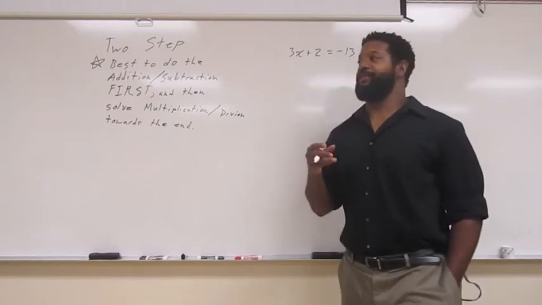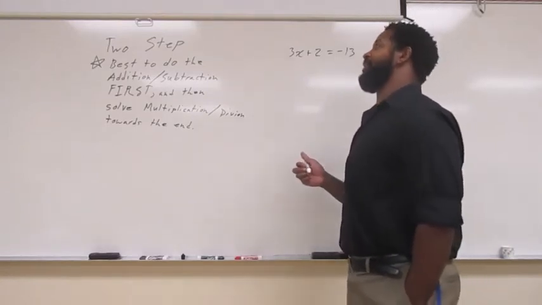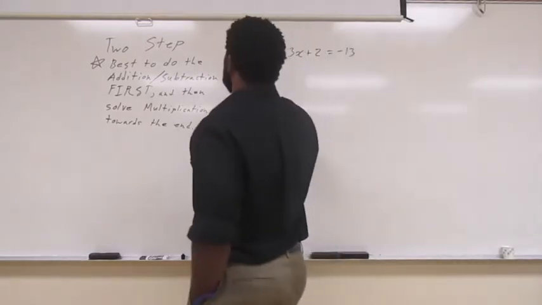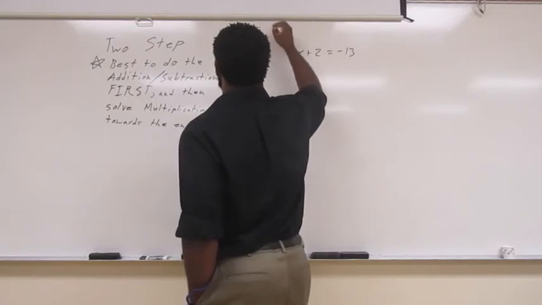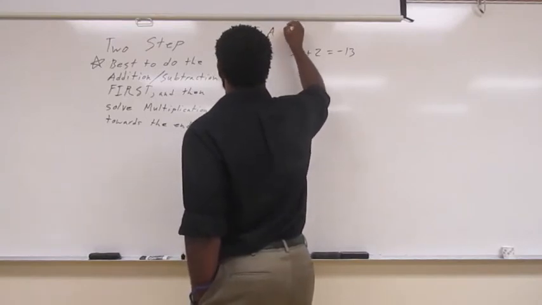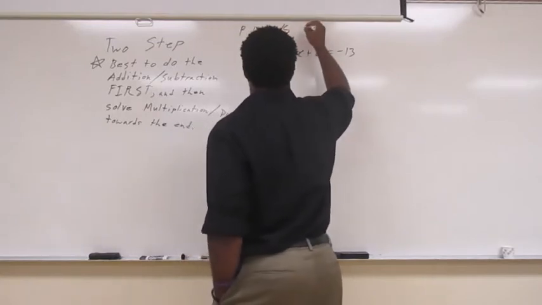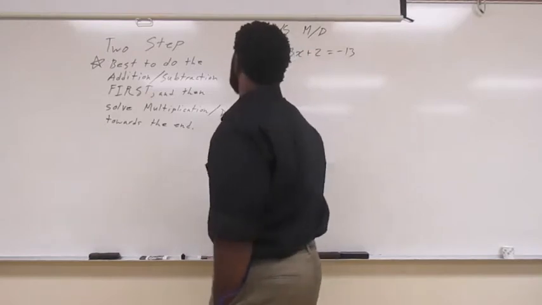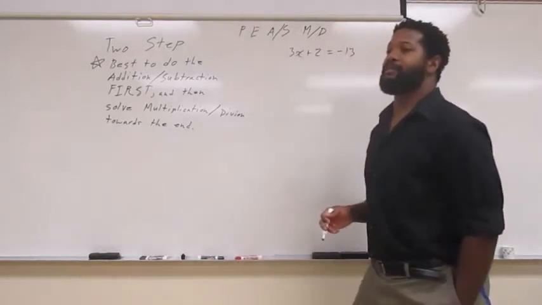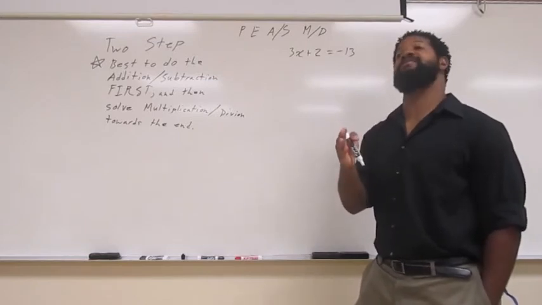So with equations, when solving equations, pretty much it's best to do parentheses, exponents, addition, subtraction, either or. That's why I put the slash right there, and either or multiplication, division. With PEMDAS it is.